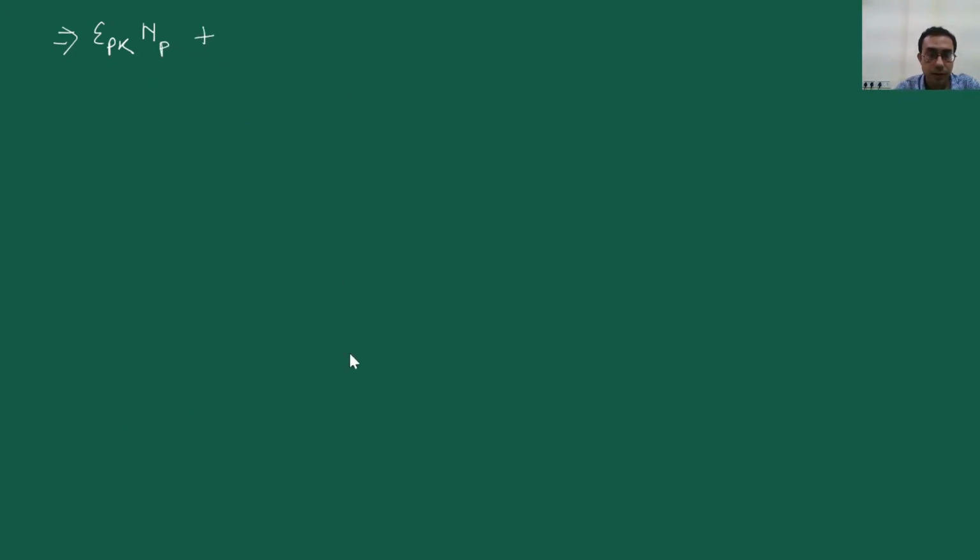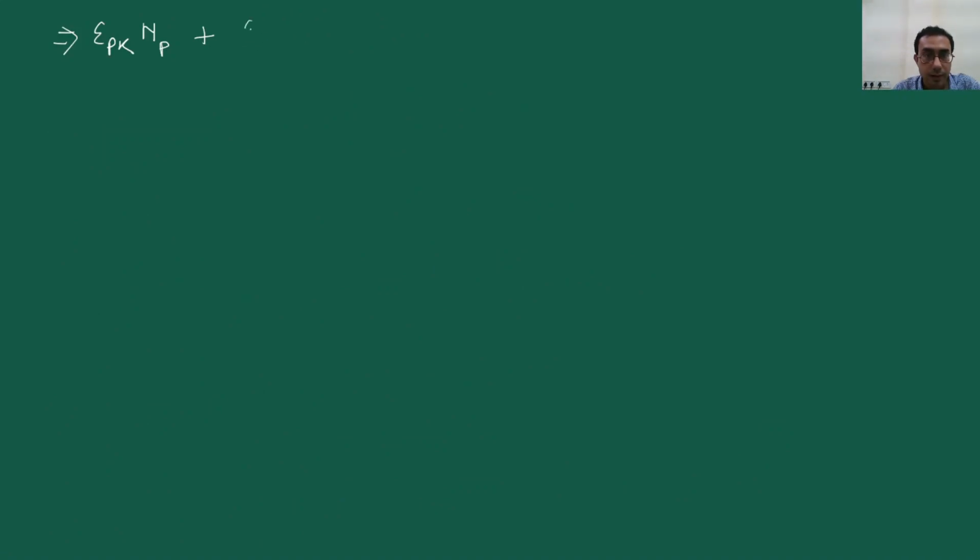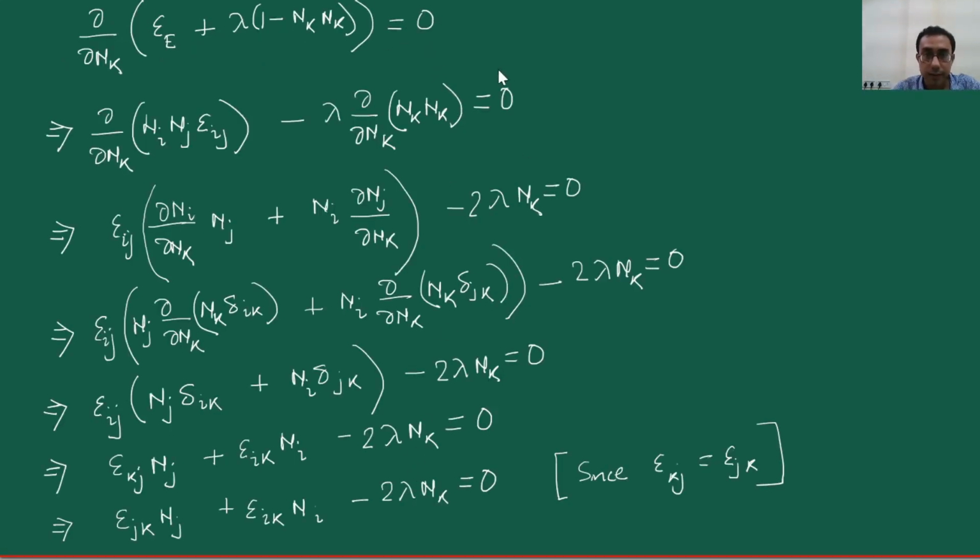plus epsilon pk np minus twice lambda nk.